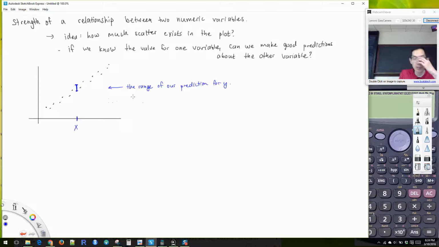It's a small range, so we can make pretty good predictions of y based on x. So we would say strong relationship between x and y.